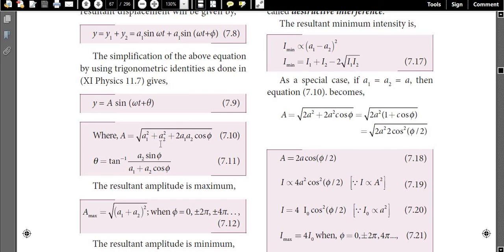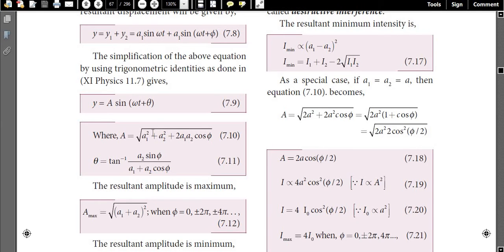A is equal to root of a1 square plus a2 square plus 2 a1 a2 cos phi. So this is the equation we already studied in 11th standard wave motion topic.